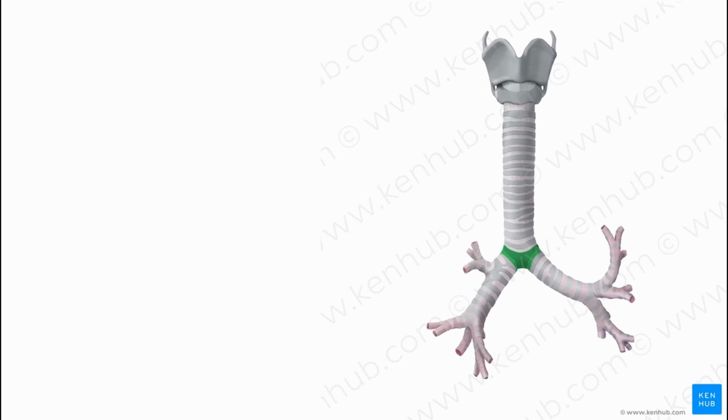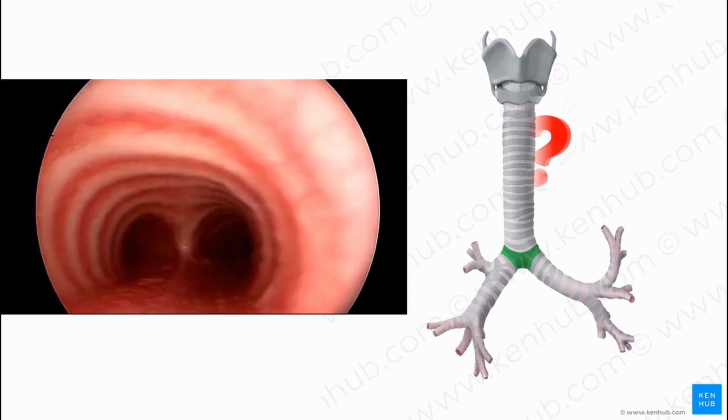This is a very sensitive area called carina, and this carina is sensitive to foreign bodies and any excessive secretion. When it is stimulated, the person coughs very violently.